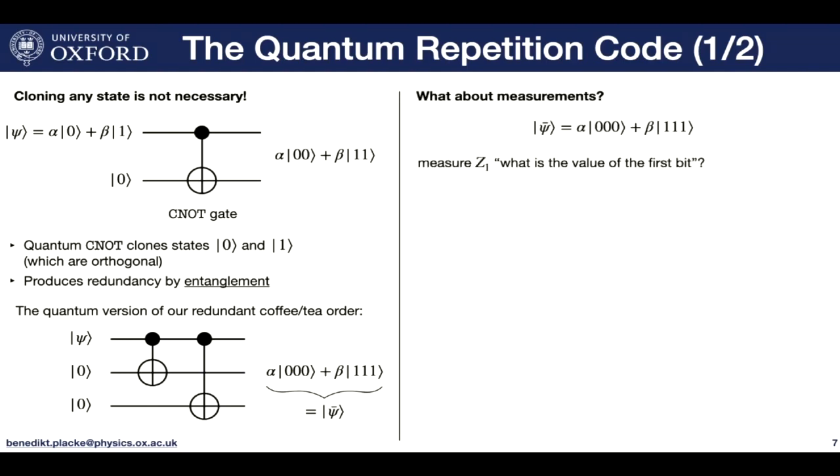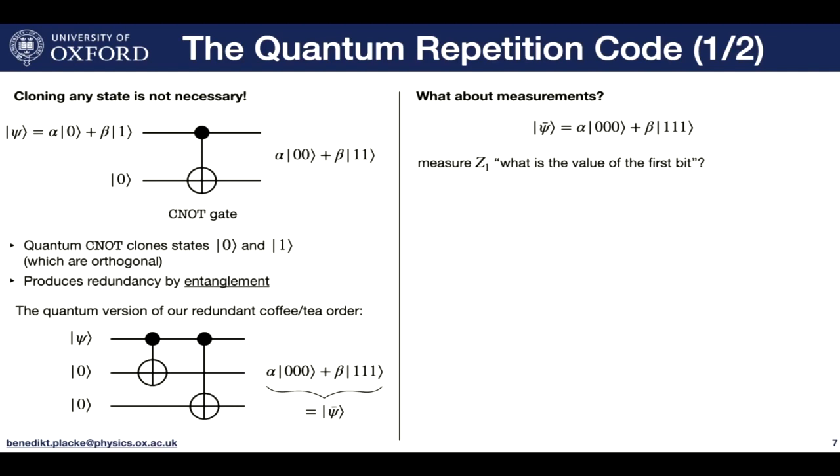So what about measurements? I told you measurements are another problem, so I'm now going one by one through our objections. We have this logical state, alpha 0, 0, 0 plus beta 1, 1, 1. This is a superposition and an entangled state. Imagine you now measure Z1, so you ask for the first qubit, is it 0 or 1?